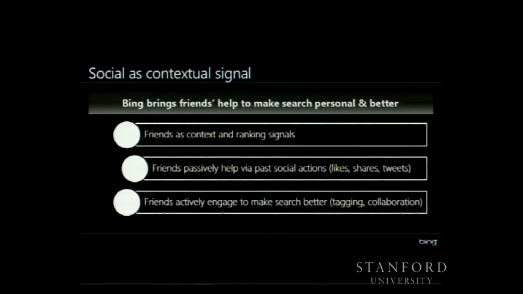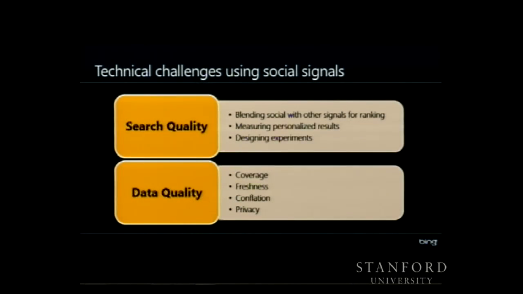And friends could also actively engage to make the social better. I'll show you some examples where friends can, for example, tag some information for you and point out certain documents that are really about you, mention you, and that you should be part of. So I'll show you some of those examples.